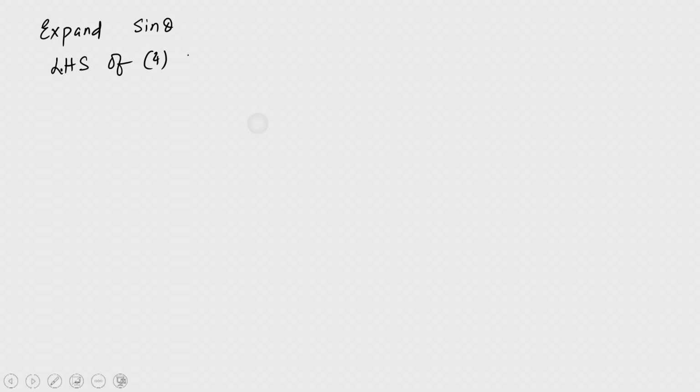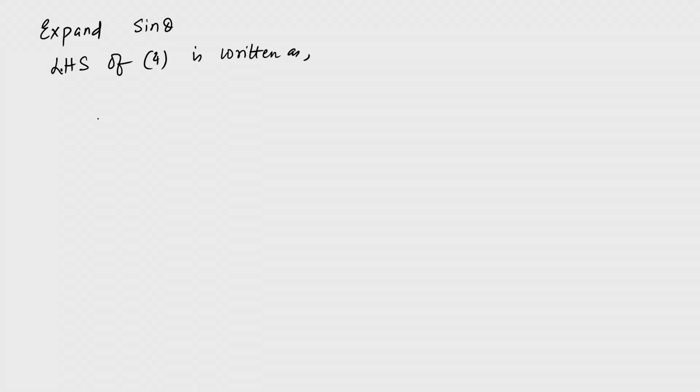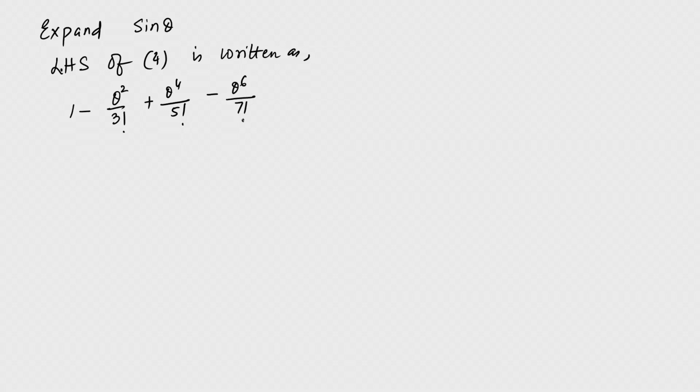So, LHS of 4 is written as 1 minus theta squared by 3 factorial plus theta to the 4 by 5 factorial minus theta to the 6 by 7 factorial, etcetera, because the expansion of sin theta is theta minus theta cubed by 3 factorial plus theta to the 5 by 5 factorial, and one theta goes away from everything. This is equal to 1 minus E divided by 1 plus E. Let us call this equation 5.